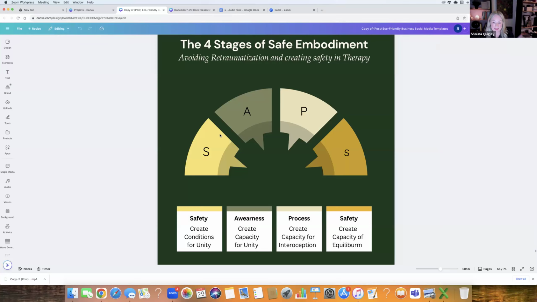Does the client, and this is a capacity test, have the safety to bring this emotion into their body? Are the conditions for the client there? Do they have the capacity for awareness, which is unity to that emotional content?